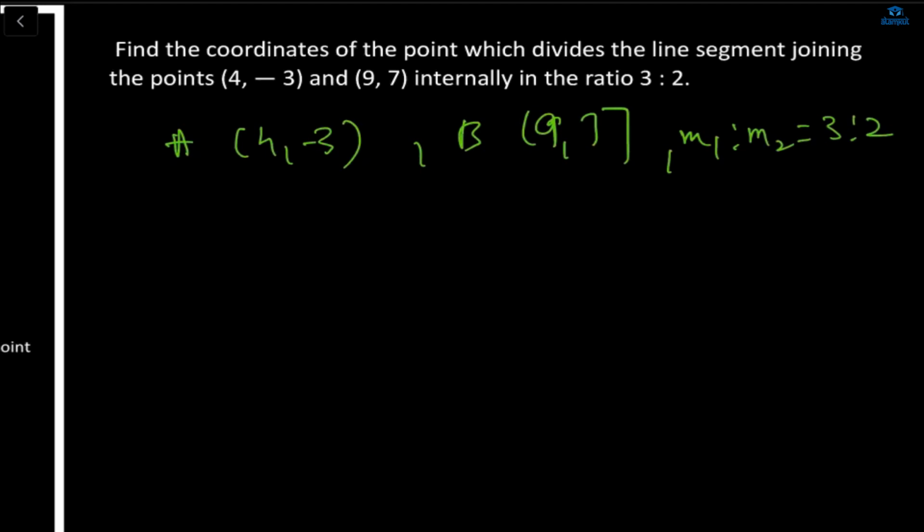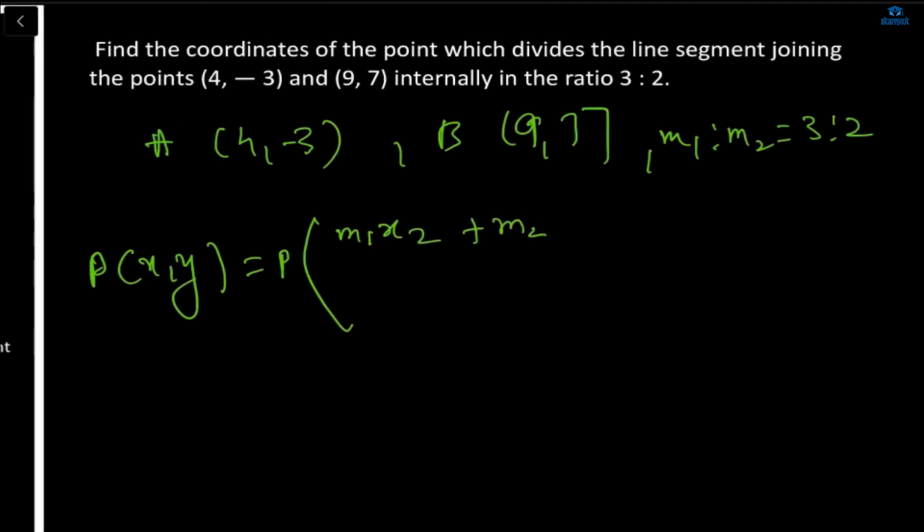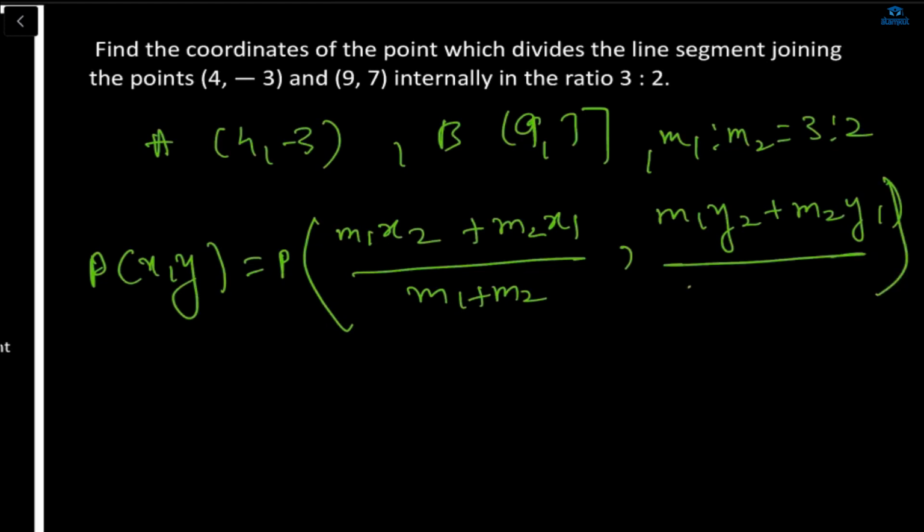Now what will be the value of P(x, y)? It will be ((M1 x2 plus M2 x1) upon (M1 plus M2), (M1 y2 plus M2 y1) upon (M1 plus M2)). Now if you apply this formula, M1 will be 3.